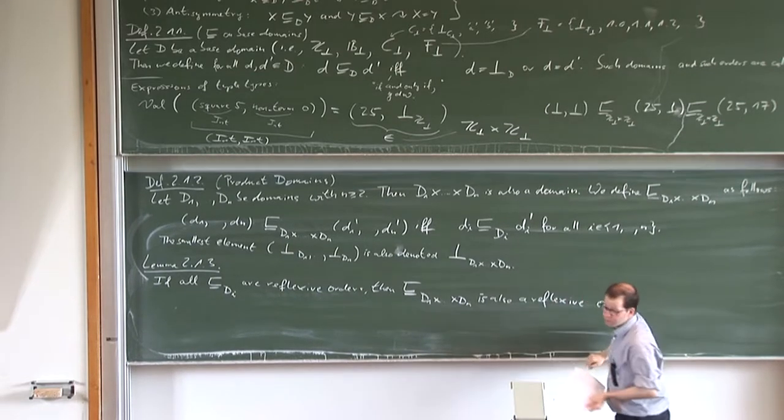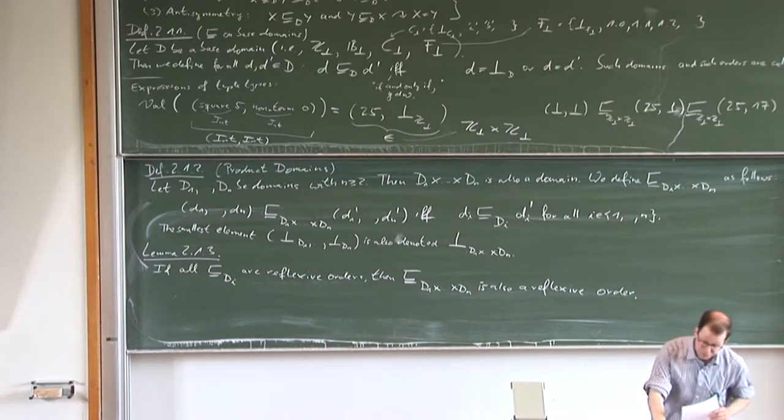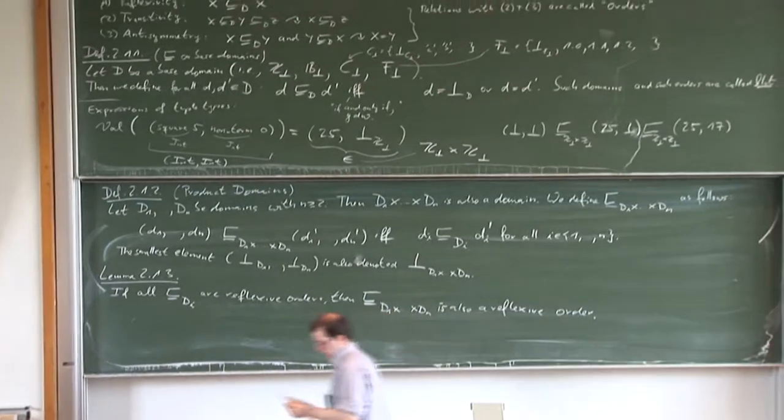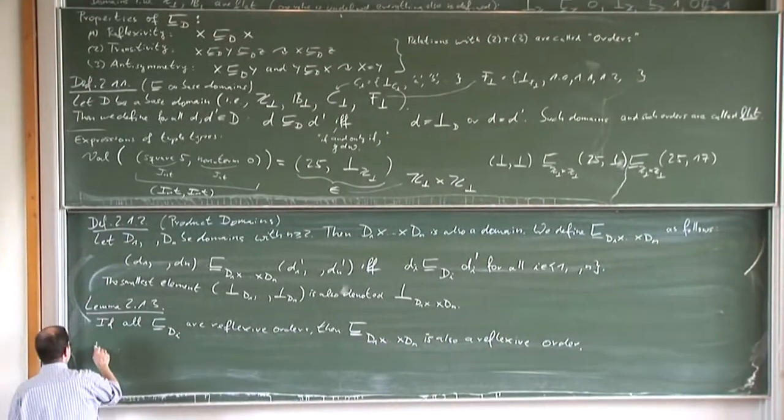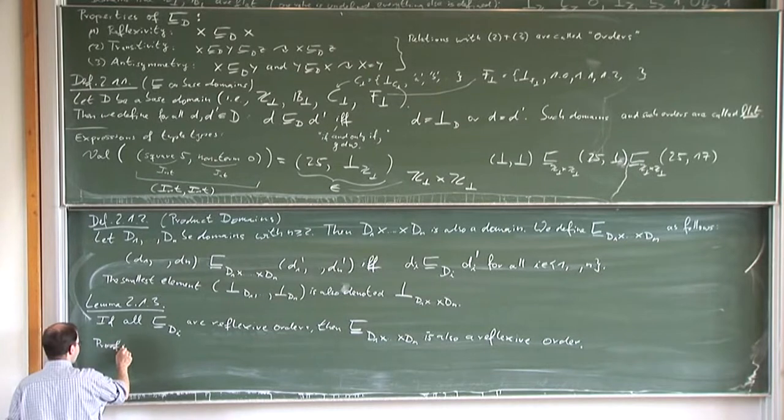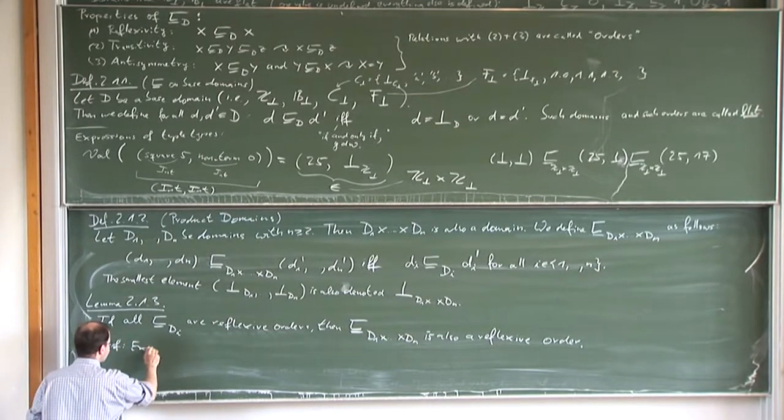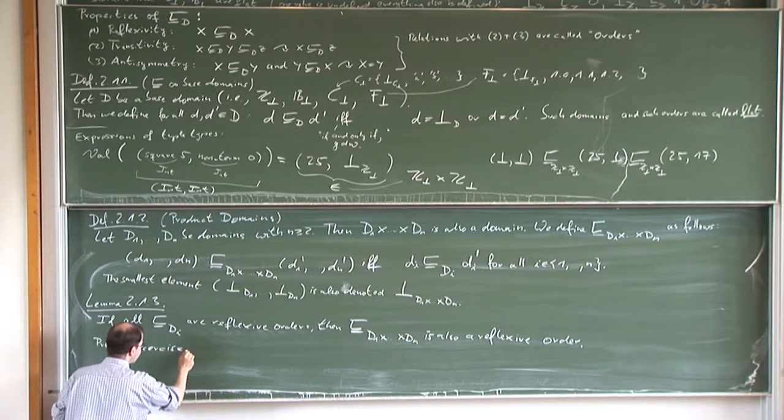So what one has to prove is that it is reflexive, it is transitive, and it is antisymmetric. And that is not difficult, and therefore this is one of the exercises on the next exercise sheet.